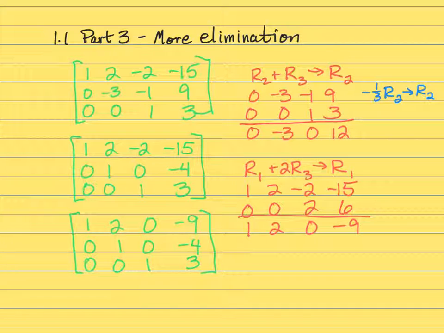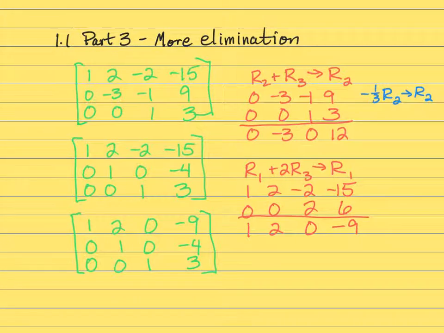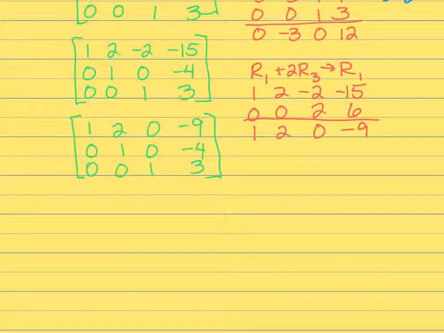So now we've got our zeros where we want them in those first two positions. We now need a 0 right there to finish things off. To get that one, we're going to take row 1 and add negative 2 times row 2 to it, and we'll replace row 1.